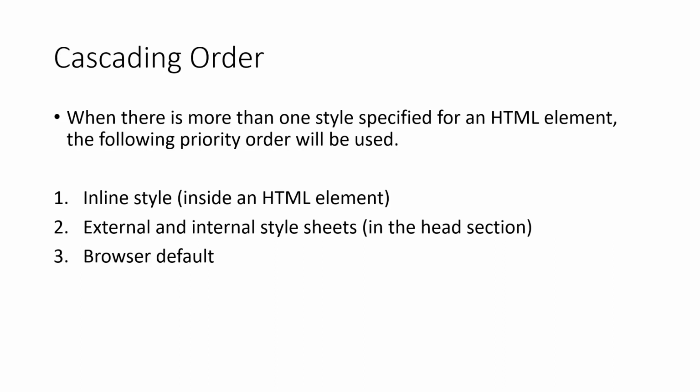Second could be external and internal, depending on the order that you have selected. The last one will be applied. Third will be the browser default. Right, now that we have got some basic understanding, let's move on to some element properties.